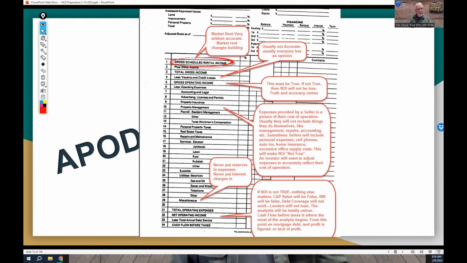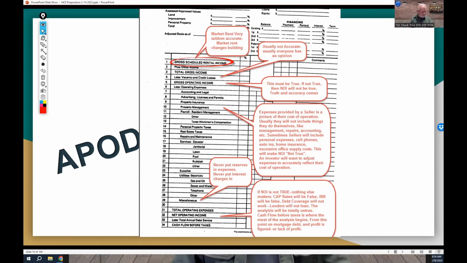If it's in the APOD, it will reduce your NOI, and it should not be in the APOD, because who owns that money? The seller owns that money. Is he going to give it to you? No, I've never seen a seller give up that reserve account. And so if you put that in the APOD, reserves will reduce your NOI. Interest will reduce your NOI, and that makes it look wrong.